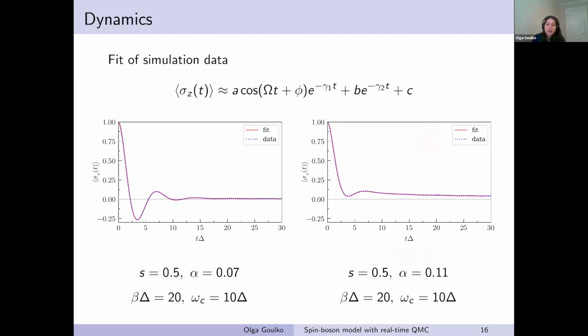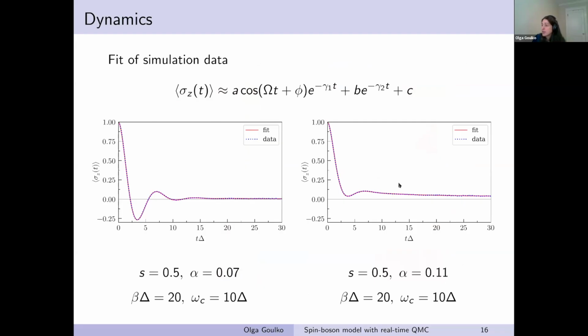Now, how do we analyze our data? We do heuristic fits of our simulation data. These fits have been found to describe the data at short and intermediate times really well. Essentially, all we do is fit to a damped cosine, plus an exponential decaying term, plus a constant offset that would mark the distinction between the localization and the delocalization transition.